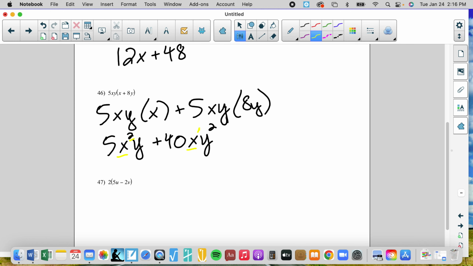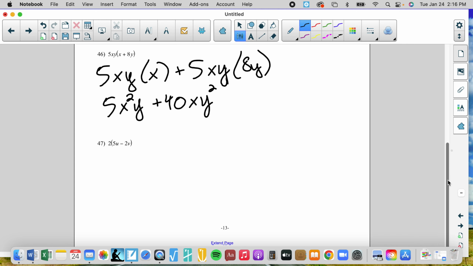Those are not like, so we can't combine them. In standard form, I'm writing x to the second before x to the first. So these can't be combined, and they are already in standard form. This is proper standard form. So 5x squared y plus 40xy squared would be how you would say it.